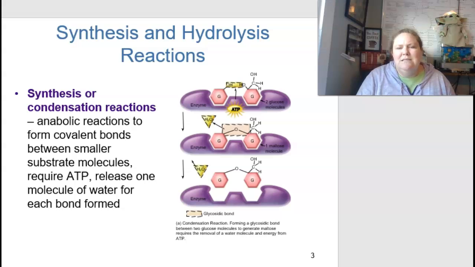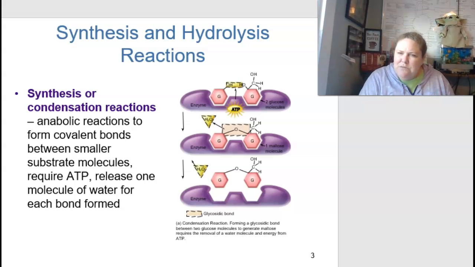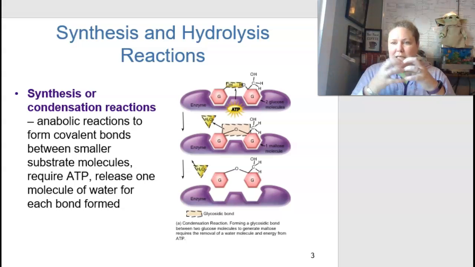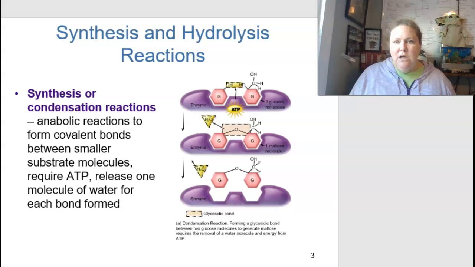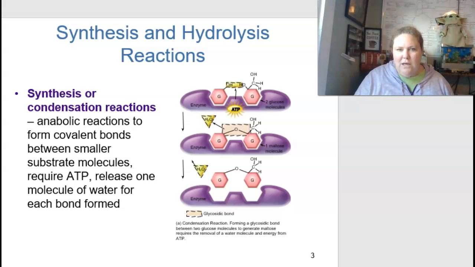So the synthesis is also like a dehydration reaction, right? When we're sticking things together, we're making them like beef jerky. We're making them stick closer together. Because of that, we're removing a water, okay? So that would be a condensation or condensing type reaction.